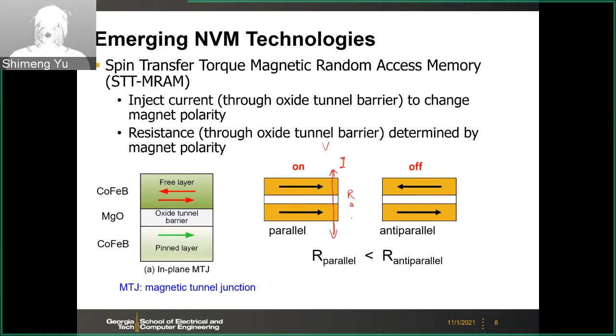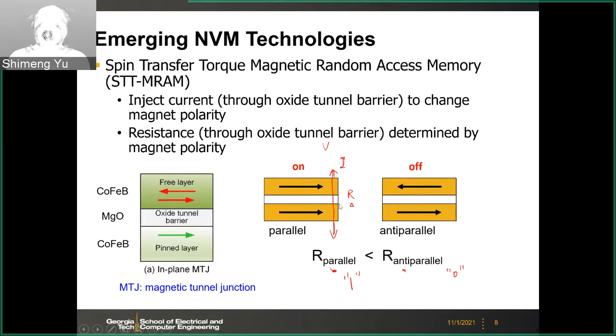So the parallel state resistance is smaller than the anti-parallel state resistance. So you can use the resistance difference to store your memory states. So the parallel state, you can think this is like 1. And the anti-parallel state, you can think this is 0. So when you later sense the state, then you apply a small voltage and then read the current, then you can measure the resistance. So they are different.